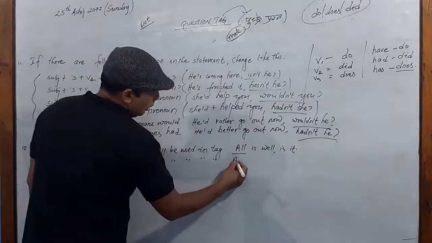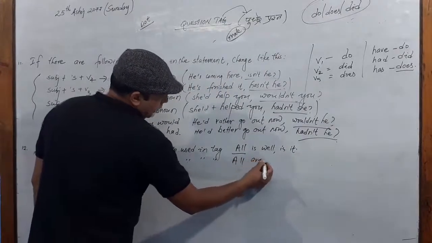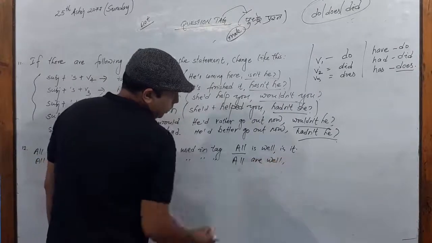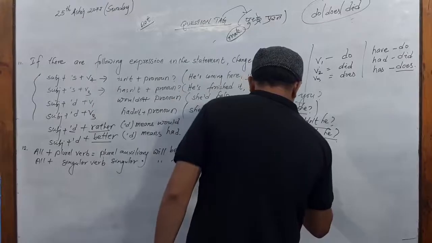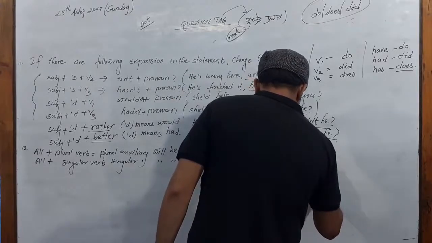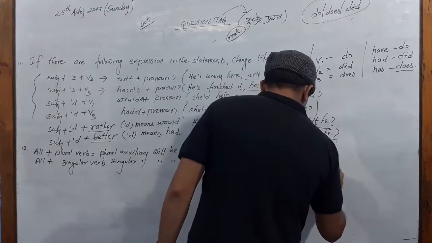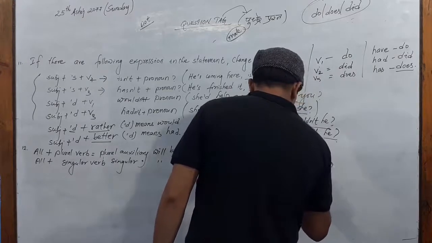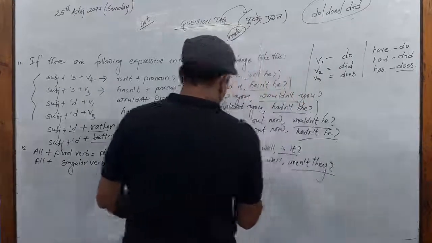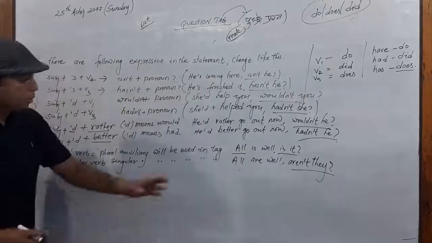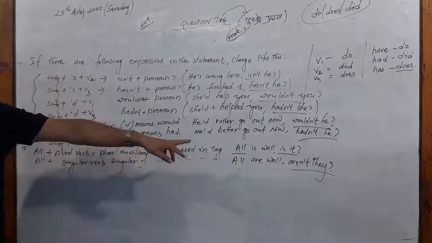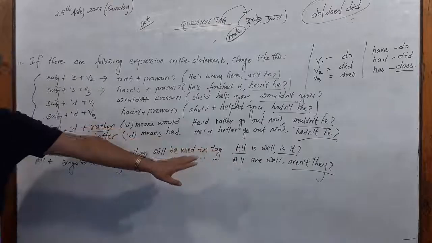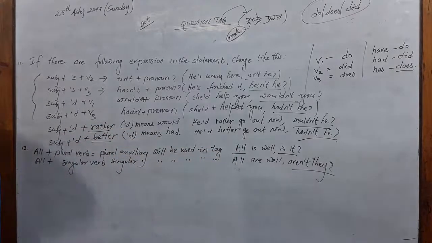If there is all are well, then all means they. Aren't they? So there are two rules: the pronoun of all as well as the auxiliary verb rules are mixed here. Okay.